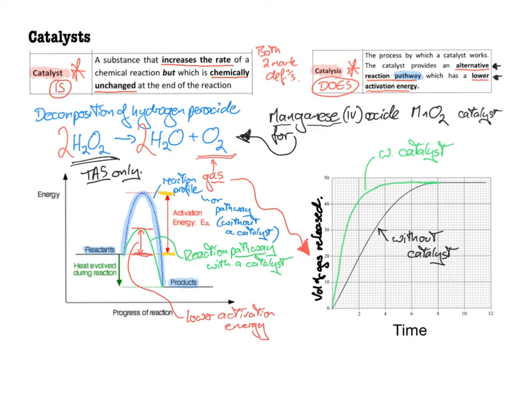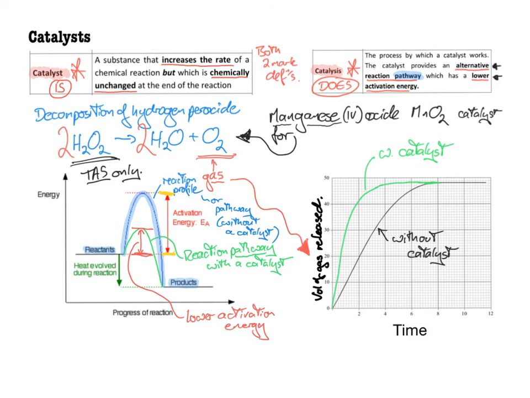If we were trying to test other catalysts, we would literally just throw other catalysts in and draw the rate graphs for them. The ones that have the steeper gradient are going to be the more effective catalysts. If there is absolutely no change in the gradient with or without the so-called catalyst that you're testing, then that catalyst isn't a catalyst, it's not working. But with the manganese 4 oxide, it's definitely a catalyst and it definitely works. It will increase the rate.